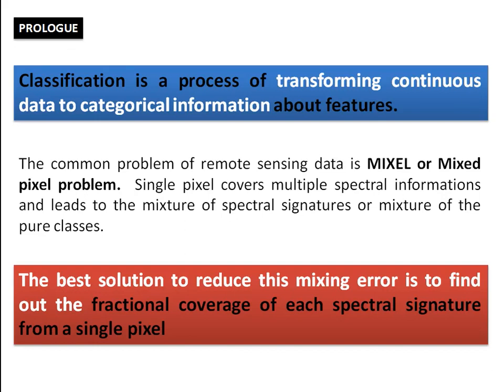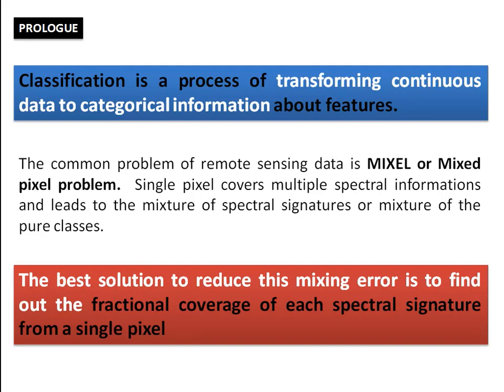But the common problem of remote sensing image data is the limited spatial resolution of a scanner, which leads to the mixed pixel problem. It is a basic problem of remote sensing images, and very commonly it is said that remote sensing data suffers from the mixel problem or the mixed pixel problem, because a single pixel covers multiple spectral information and leads to the mixture of the spectral signatures or mixture of the pure classes.